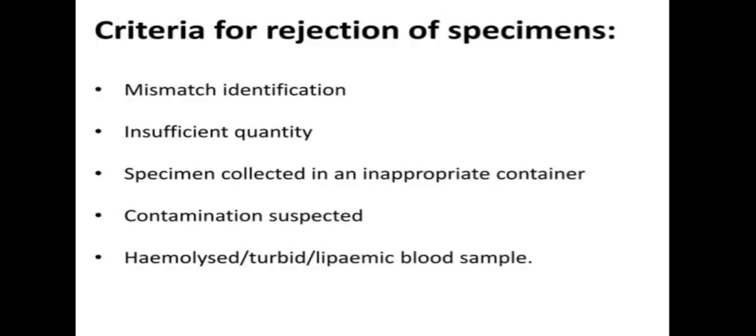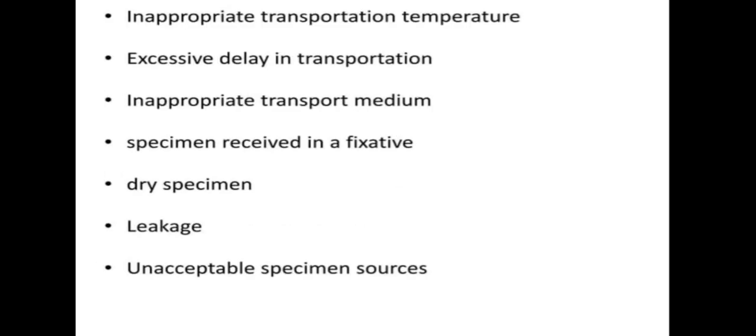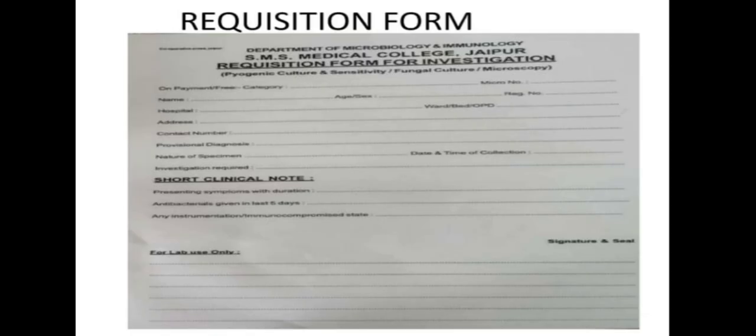You should go for rejection of the sample. Also inappropriate transportation temperature, excessive delay in transportation, inappropriate transport medium, specimen received in fixative, dry specimen, leakage, and unacceptable specimen sources.